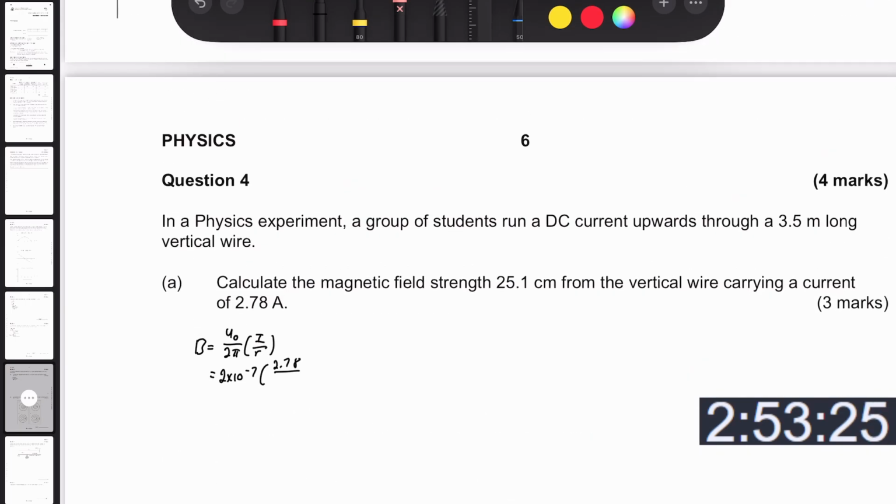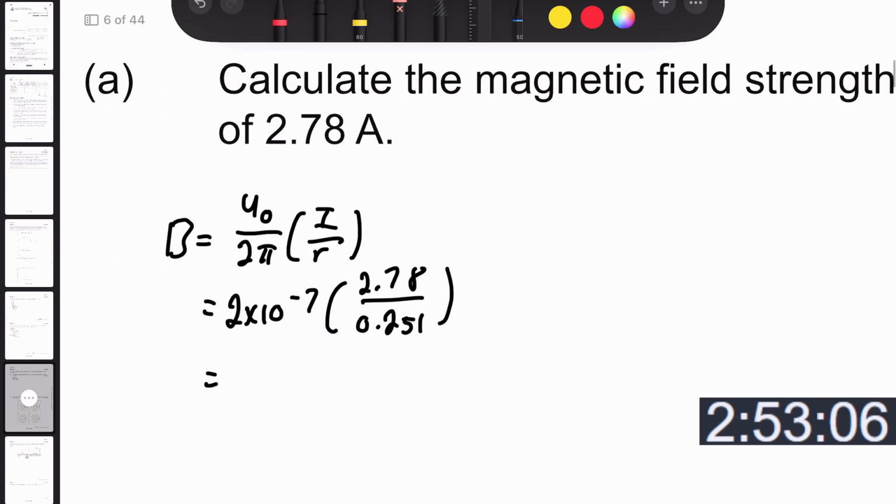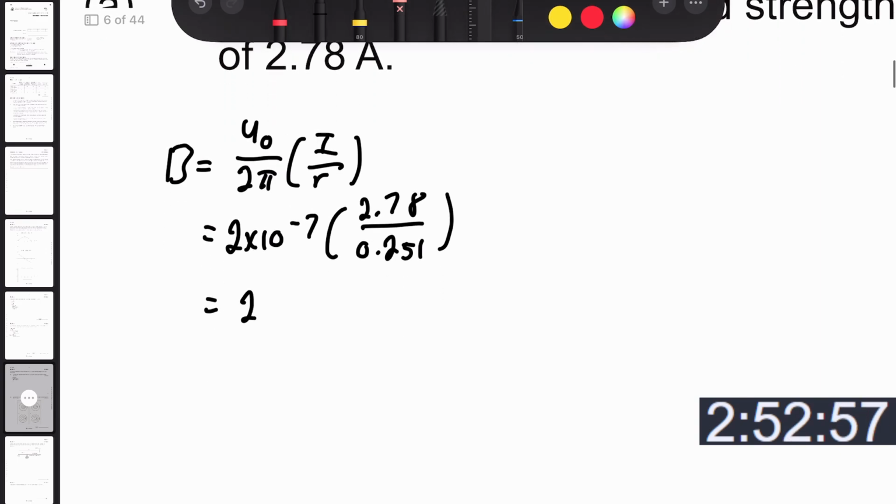Calculate the magnetic field strength. Yeah, no, I think this is right. Times 2.78 over radius at 0.251. This is 2.22 times 10 to the negative 6 Tesla.